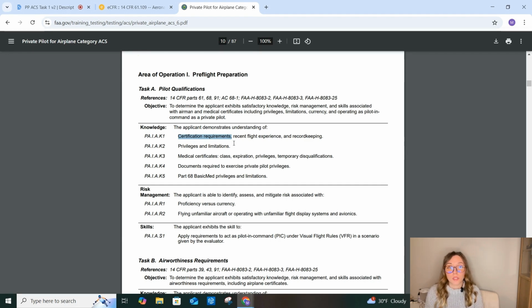Unlike a driver's license that expires and is no longer valid to be used, your private pilot license doesn't expire, but there are points where you shouldn't be flying legally, even though you have it and it doesn't expire.